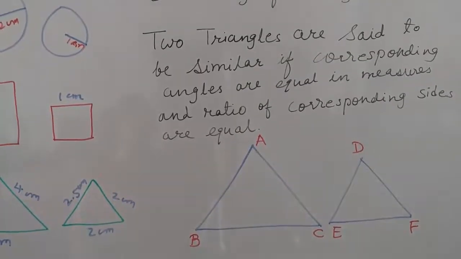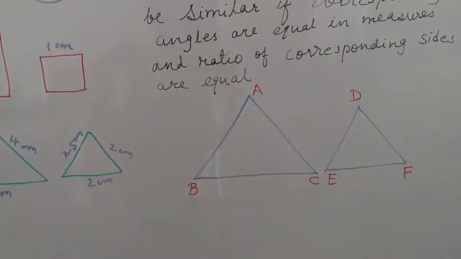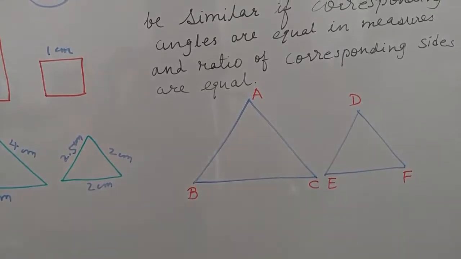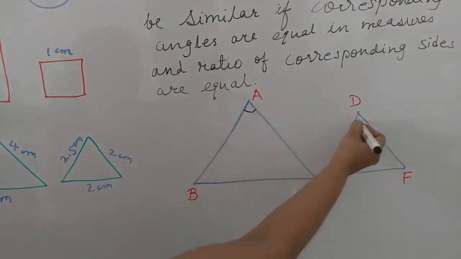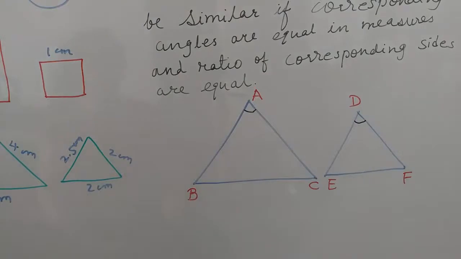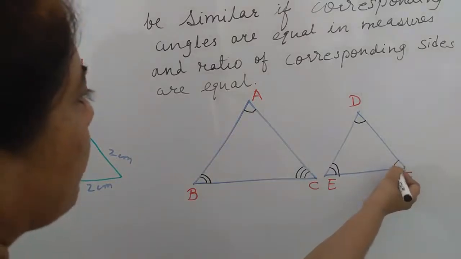I have drawn two triangles ABC and DEF. The first line says that in these two triangles ABC and DEF, angle A is equal to angle D in size, angle B is equal to angle E, and angle C is equal to angle F.